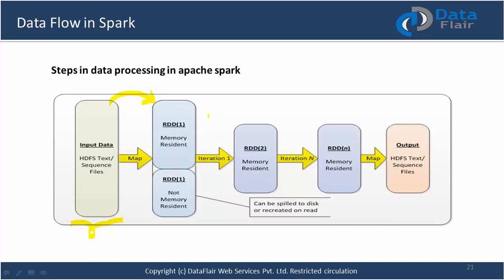Now guys, in iteration number 1, all the processing is going on, and it is caching your output for the second iteration, third iteration, for the nth iteration. It keeps caching your output, so your RDD is memory resident. Once all the work is done, once the result is ready, it will write the final output onto the underlying store, that is HDFS. That's, guys, the end-to-end data flow in Apache Spark.